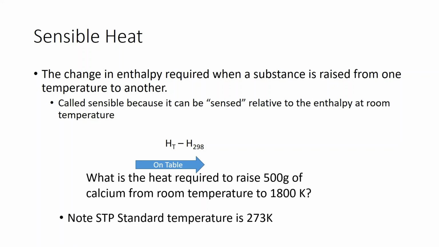We also want to note that the standard temperature, or STP, is 273 K. Here we're using room temperature, which is 25 degrees Celsius or 298 Kelvin. All right, so we're going to use our sensible heat table.